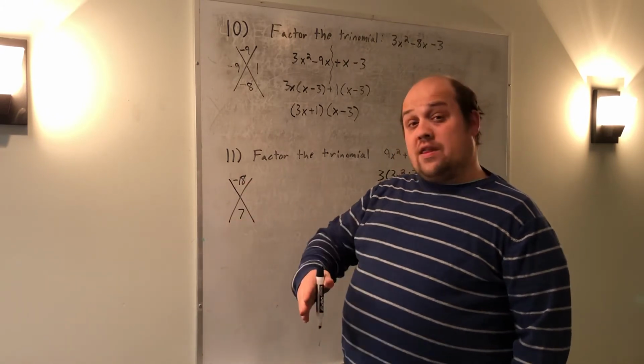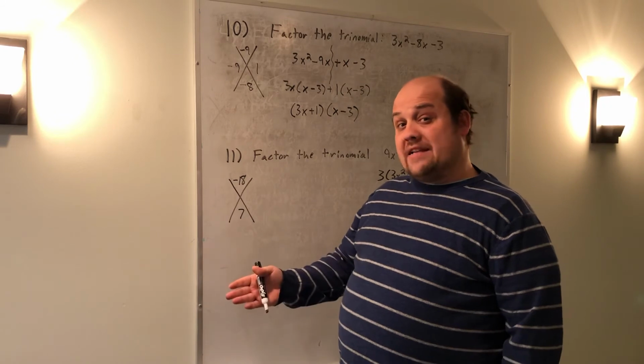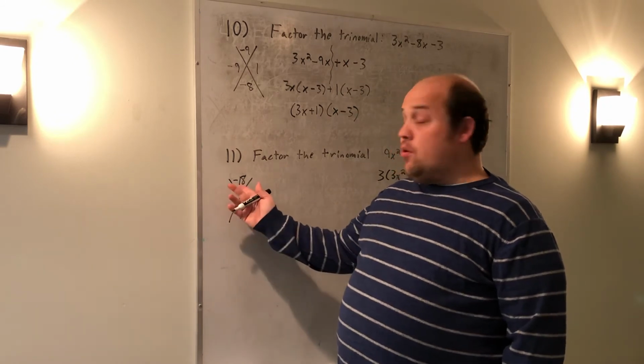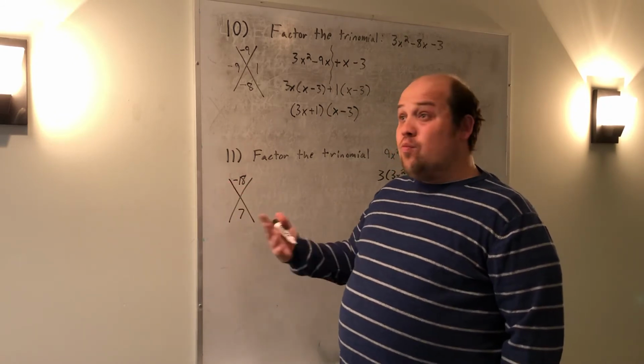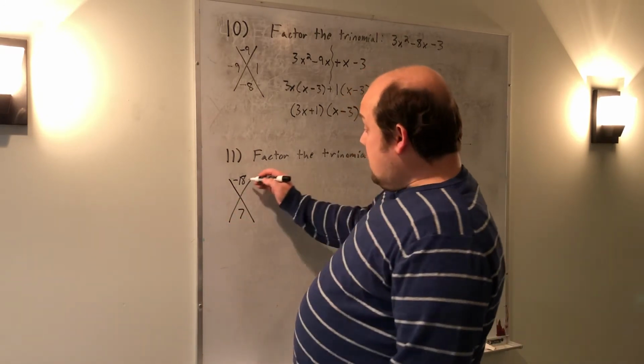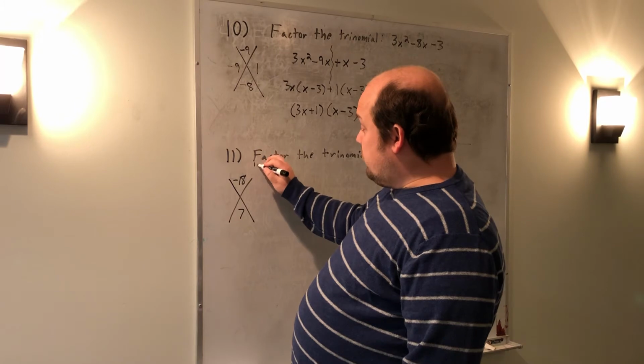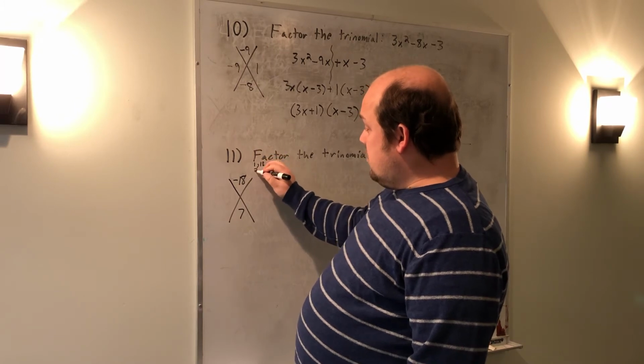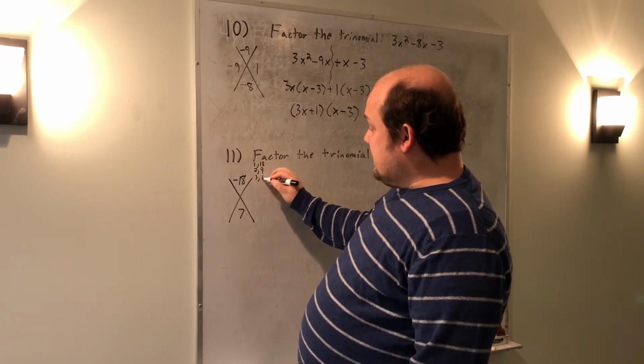That means that one of the numbers has to be negative and one of them has to be positive. It's the only way to multiply to a negative number. So really that means the numbers will be subtracted to get to 7. If I take my 18, the ways to multiply to 18 are 1, 18, 2, 9, and 3, 6.